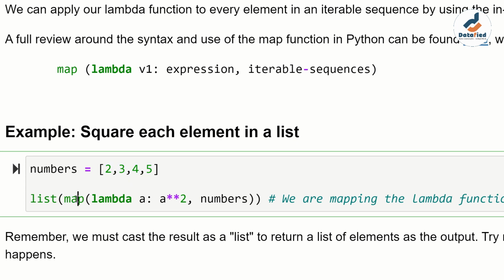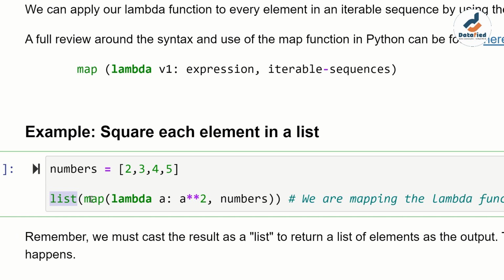The map function here is what applies this function to every element in the list, by calling the list within the map function. And the list keyword that is outside the function simply converts the output to a list.